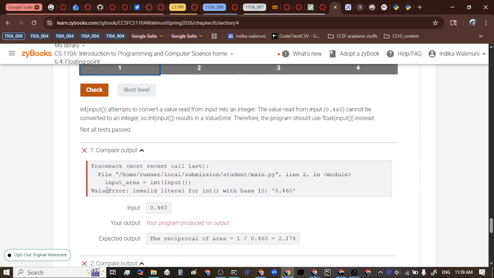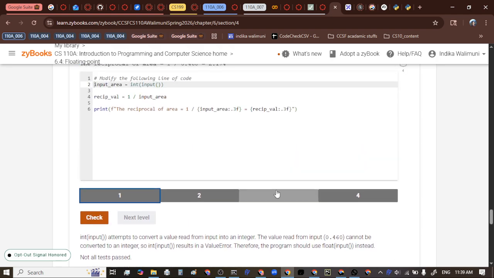All right, so value error, invalid literal for int with base 10.